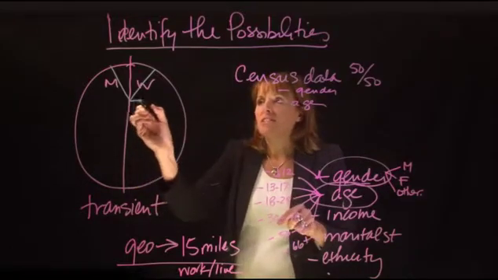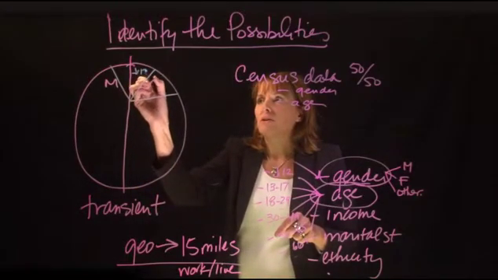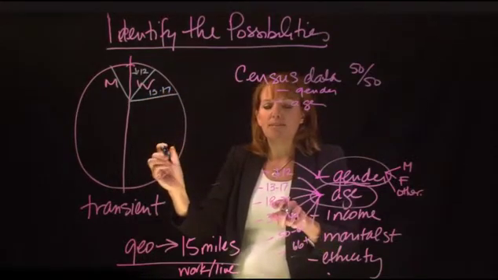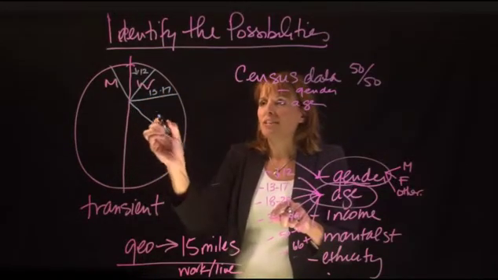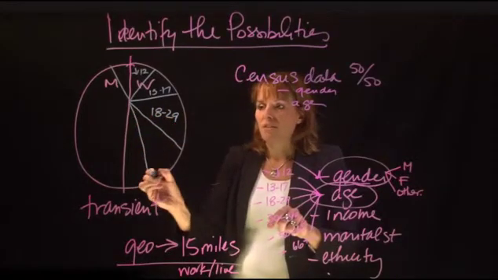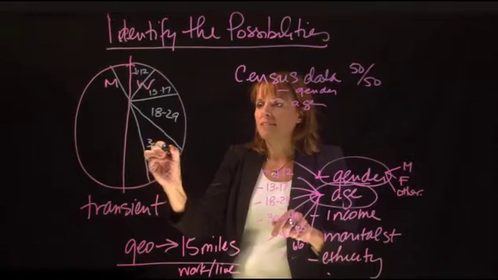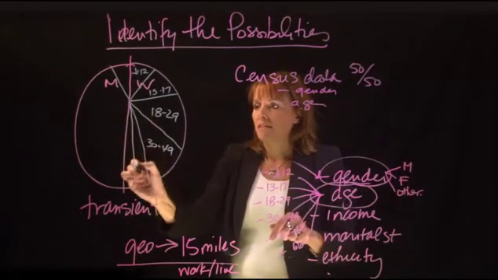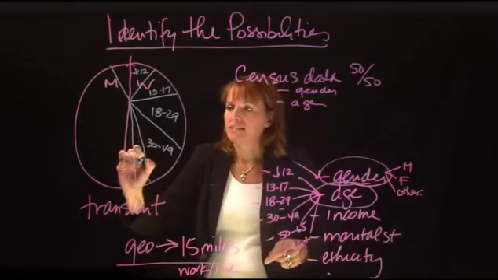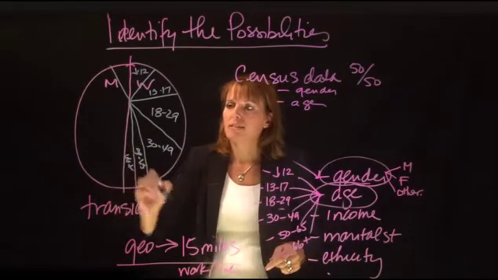The 13 to 17-year-old market, so we have under 12, 13 to 17 is approximately that same size. The 18 to 29 is slightly larger. The 30 to 49, and then the other piece of that pie, the 50 to 65 and the 66 plus.